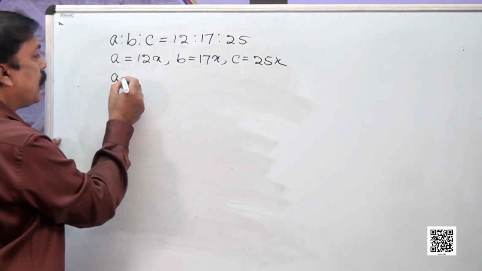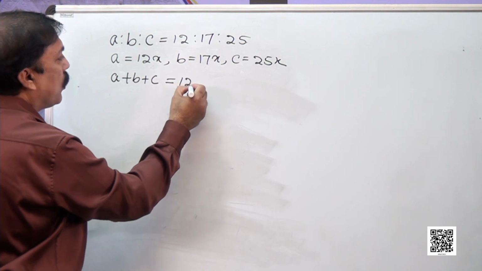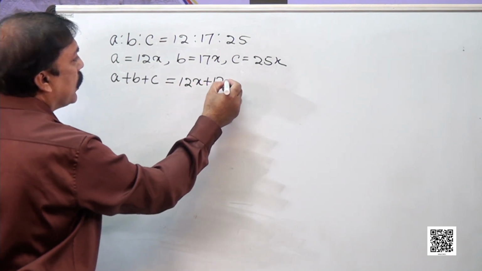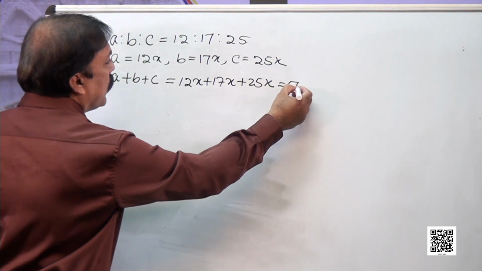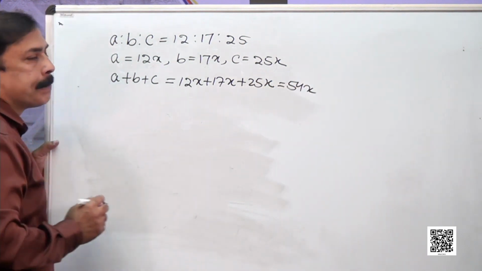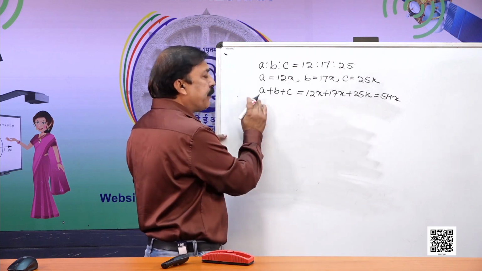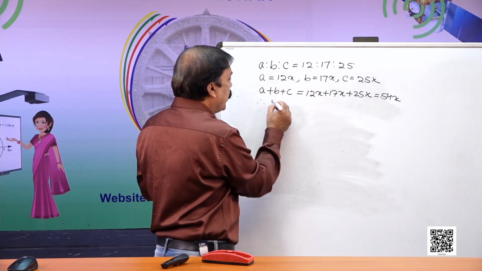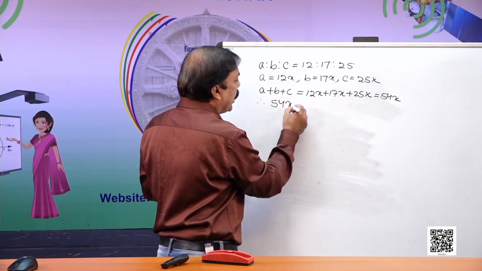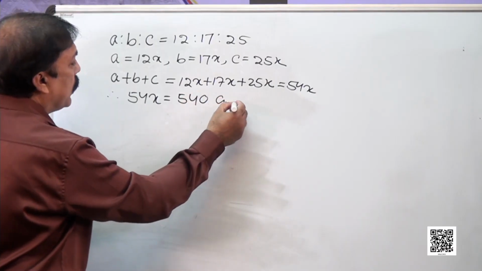Then what is perimeter A plus B plus C? This gives 12x plus 17x plus 25x, that is 54x. But given that the perimeter is 540 centimeter, so 54x equal to 540 centimeter.